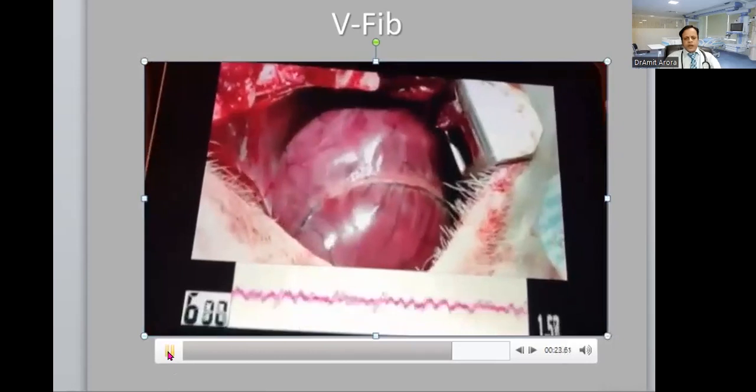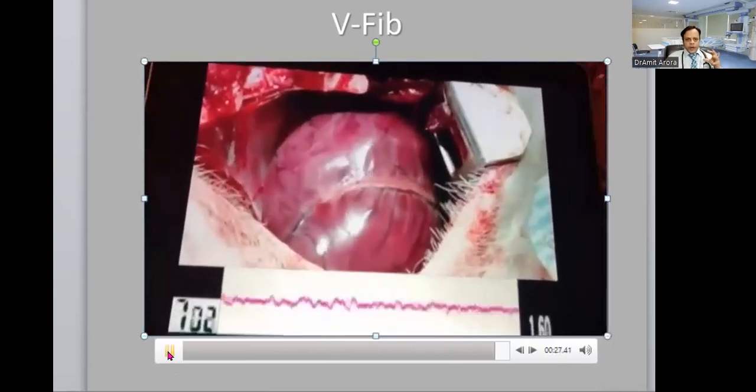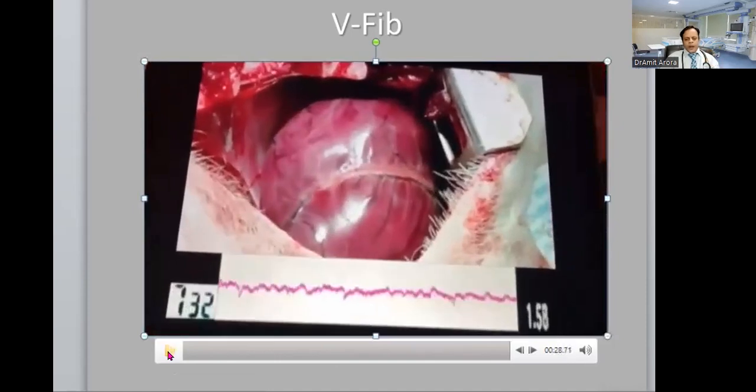Instead of contraction, there is a quivering of the heart. How is it happening? Previously in ventricular tachycardia, I told you that one or two foci are firing, depolarizing the ventricle, and the normal sinus rhythm was getting suppressed.